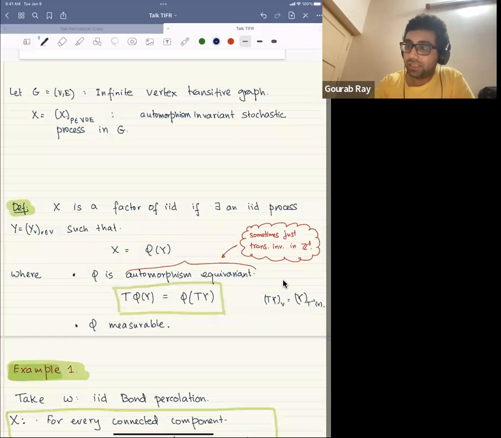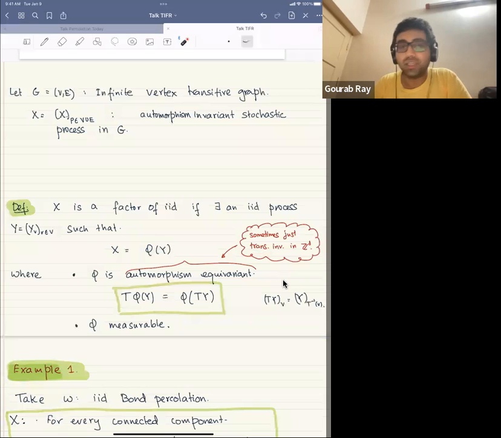Suppose you have some automorphism invariant stochastic process, whose distribution is invariant to changing the root. In Z^d, the space of automorphisms is translations, reflections, etc. But sometimes in Z^d, people just take translations to be the set of automorphisms that they care about.